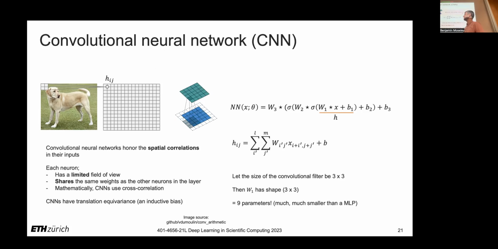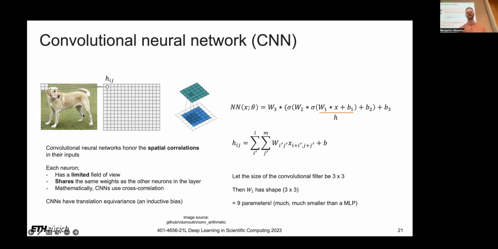And there are other things to note about images that we really want to take advantage of. The first is that images have a lot of spatial correlations in them. So the color of the dog here is related to the color of the dog further down its body.